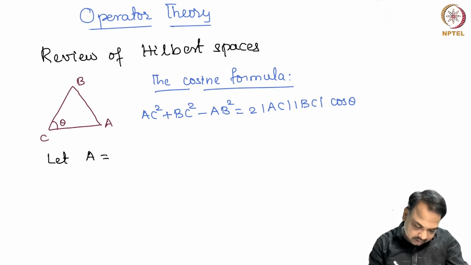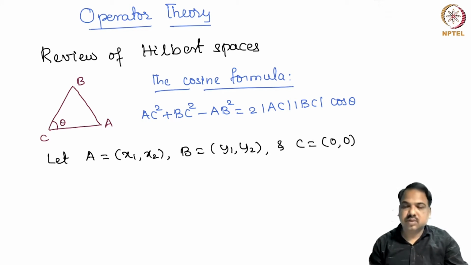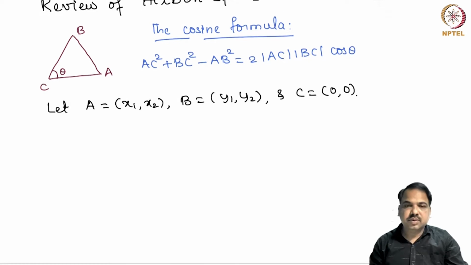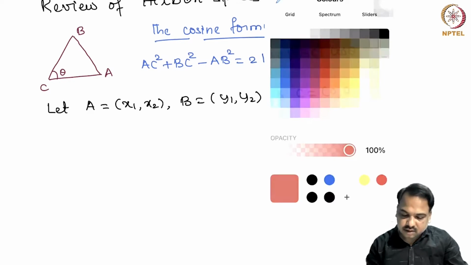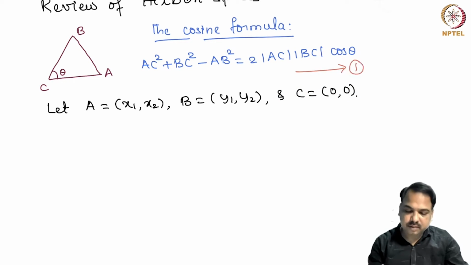A equal to (x1, x2), B equal to (y1, y2), and C equal to the origin (0, 0) in R2. Now if you compute AC, BC and AB and substitute the values in this equation, let us call this equation 1.